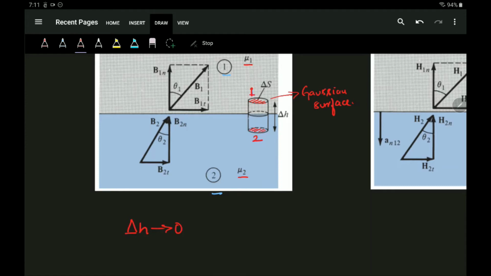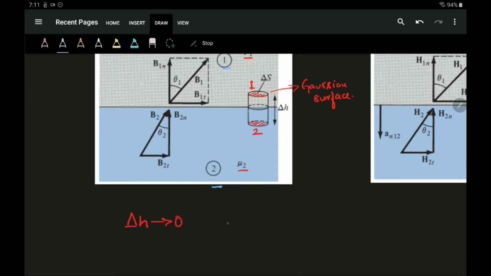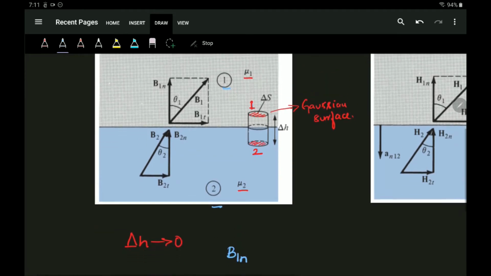The flux exiting the top surface, surface 1, can be written as the normal component B1n times that surface area.